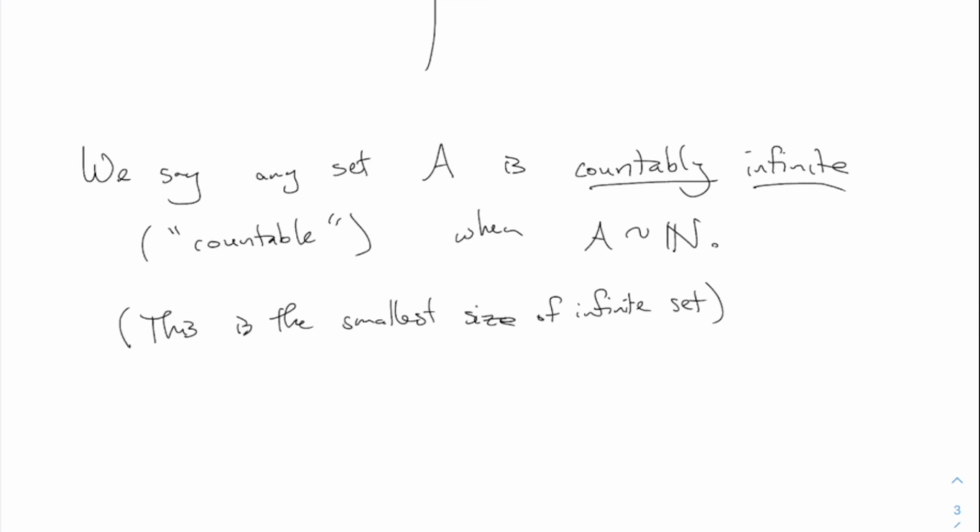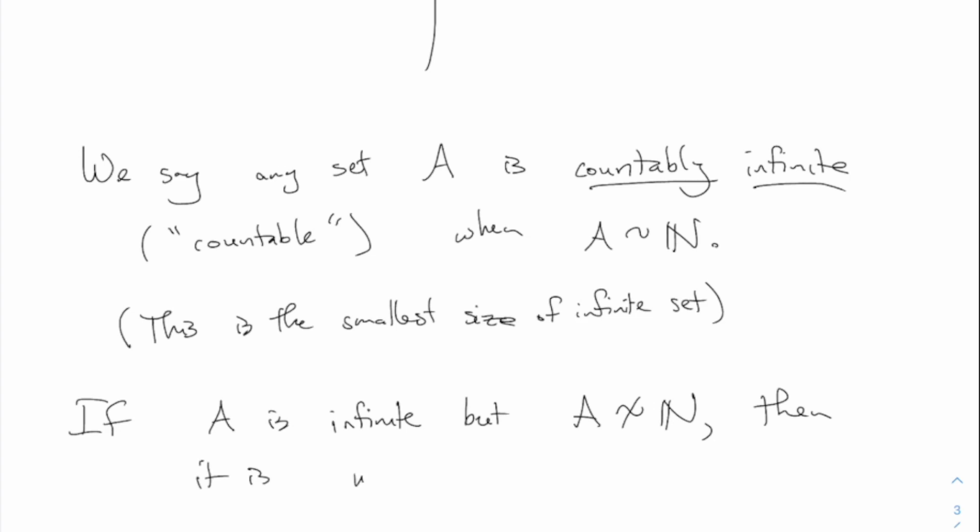And the other ones, the bigger ones than that, I'll just say if A is infinite but not the same size as N, then it is uncountable. All right? So countable means infinite, but kind of small, the same size as the natural numbers. And then uncountable means even bigger than the natural numbers.